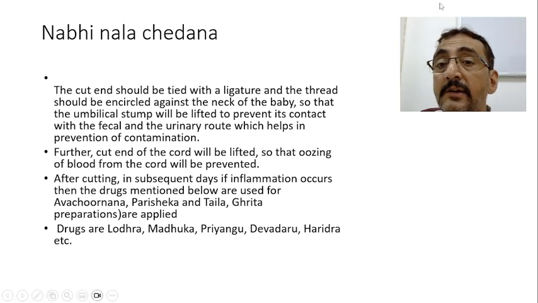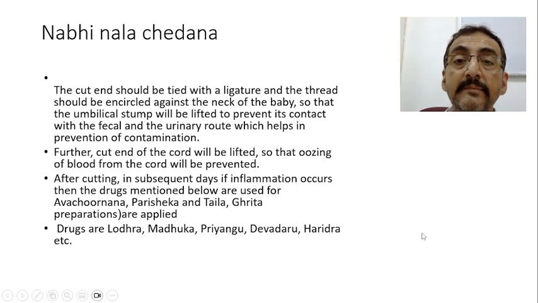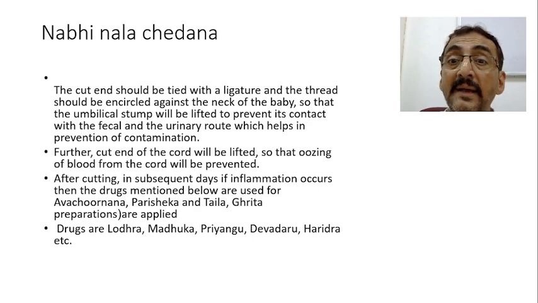The cut end should be tied with a ligature, and then the thread should be encircled around the neck of the baby, so that the umbilical stump will be lifted up to prevent its contact with fecal and urinary contents, which helps in prevention of contamination.